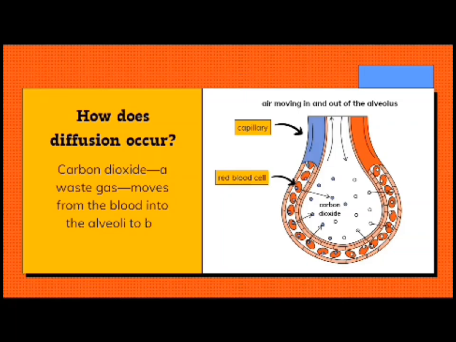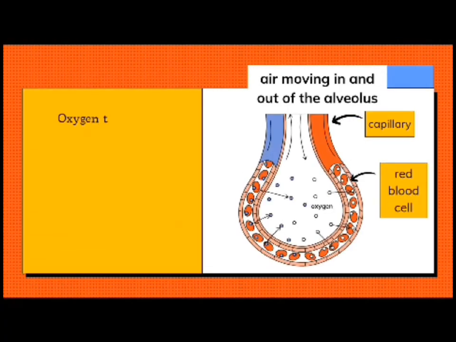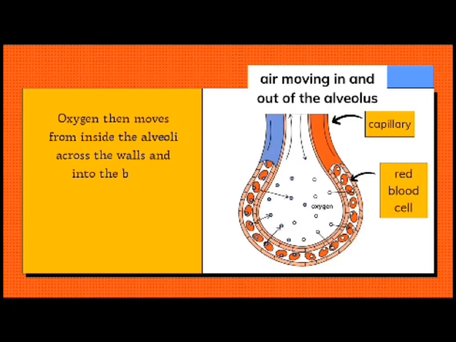Carbon dioxide, a waste gas, moves from the blood into the alveoli to be exhaled. Meaning carbon dioxide moves from the blood into the alveoli to be given out. Then oxygen moves from inside the alveoli across the walls and into the blood.